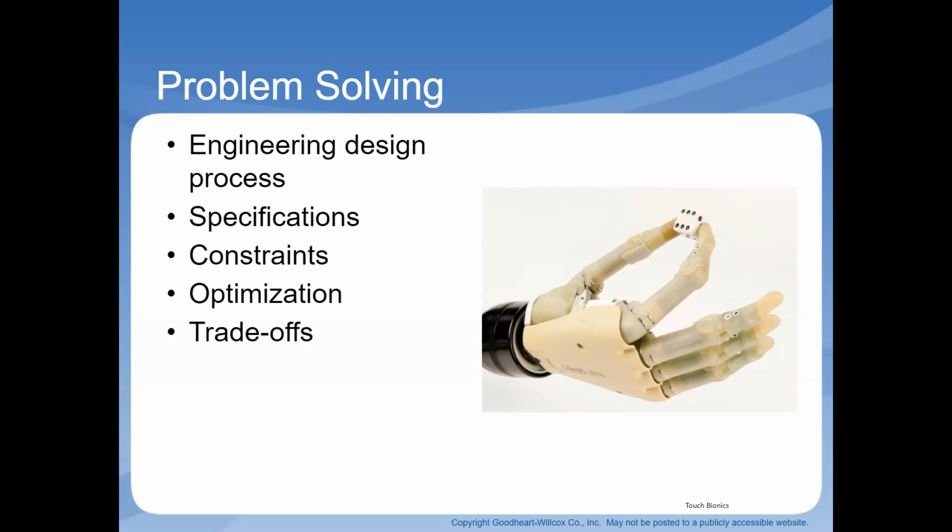When it comes to problem solving, we use the engineering design process that we'll go over later. It's a series of steps that get you to think about your problem, identifying your problem, researching solutions, testing those solutions, and reiterating until you have a good product.